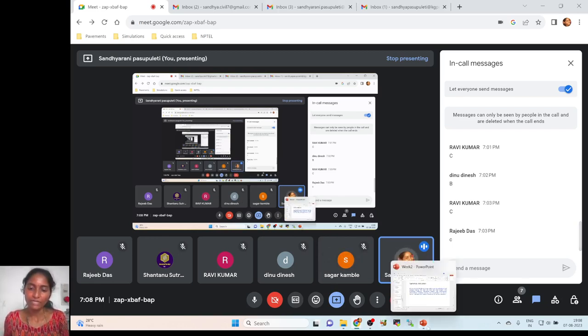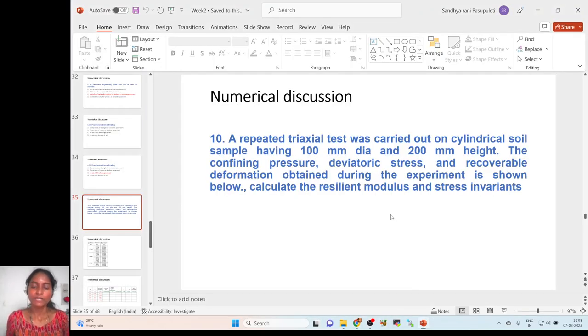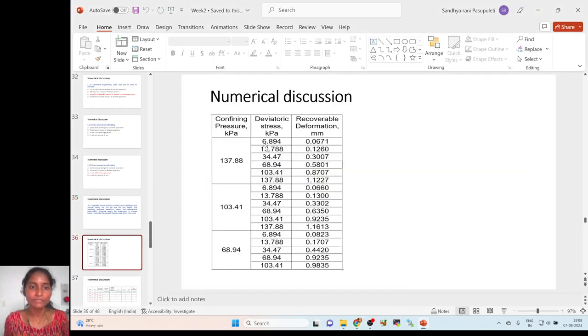If we have the deviatoric stress and the confining stress, we can actually calculate sigma 1, that is the major stress. How will it be calculated? Confining stress sigma 3 plus deviatoric stress sigma d is equal to sigma 1. So usually stress invariant is the summation of all principal stresses.